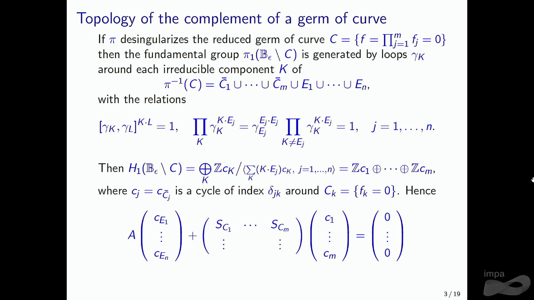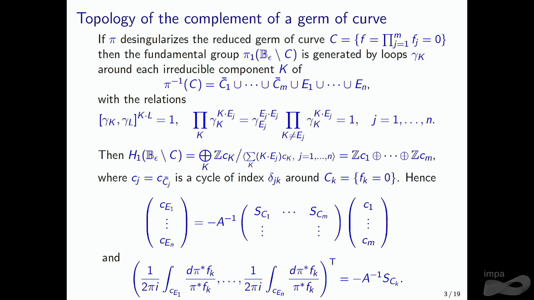And from this, we obtain that the vector of vanishing orders of each function along the irreducible components of the exceptional divisor is given by this product. This is a linear combination of the columns of the inverse of the intersection matrix.